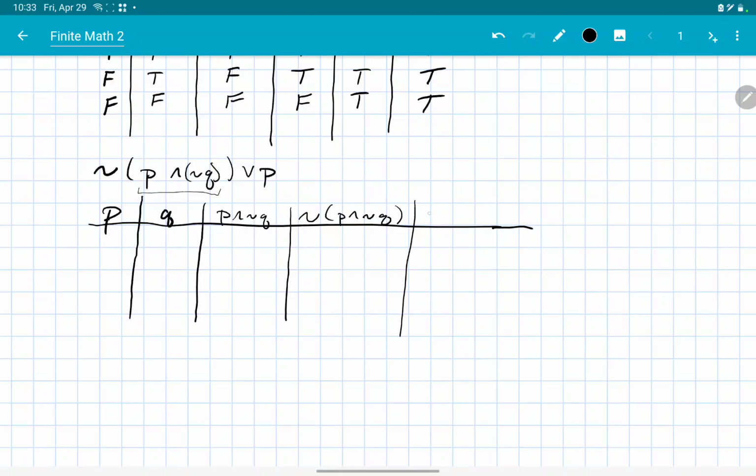And then we're going to take that thing, not P and not Q, or P, in the final column to finally get to what we want to find. And then, of course, I have true, true, false, false, true, false, true, false.